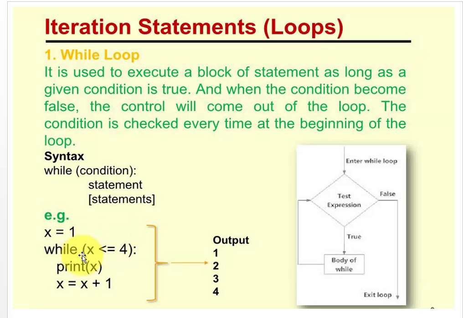That condition becomes false, so the loop body will never execute. So you will only get the numbers from 1 to 4. This is the process to create an iteration program with the help of while. We can create such programs easily with the while loop.